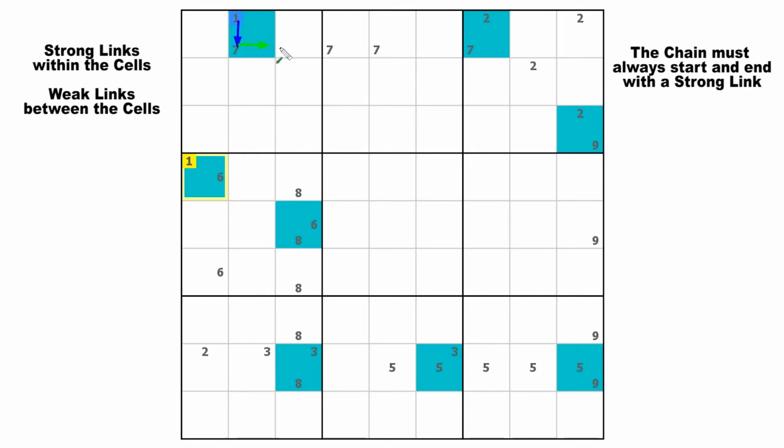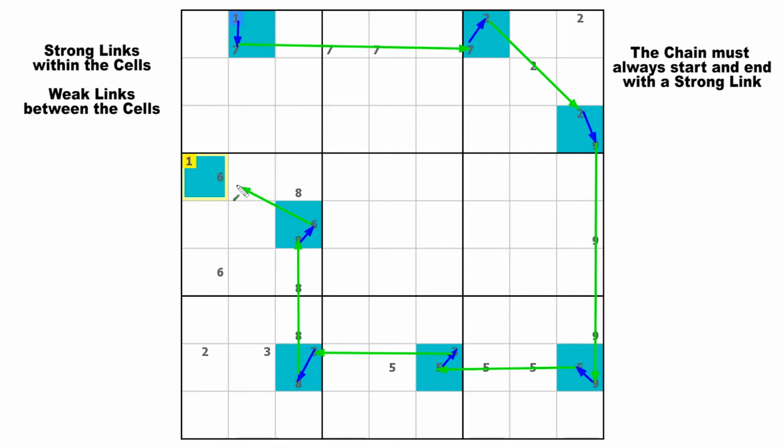And now we're going to make a weak link to this 7, and then a strong link to the 2, and then a weak link to this 2, and then a strong link to the 9, and then a weak link to this 9, a strong link to this 5, a weak link to that 5, a strong link to that 3, a weak link to that 3, a strong link to the 8, and then a weak link up to this 8, and then a strong link to the 6, and then a weak link over to this 6, and then finally a strong link to this 1.